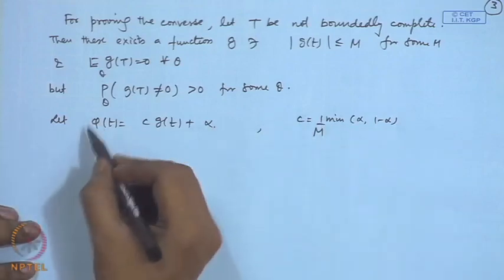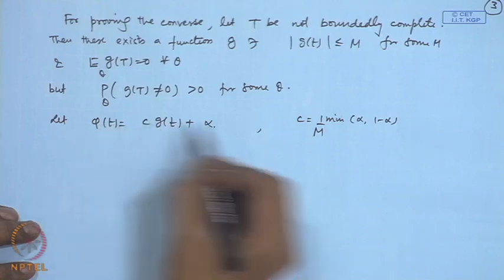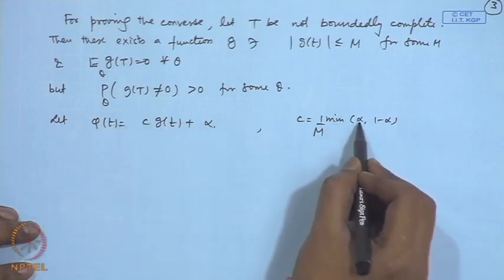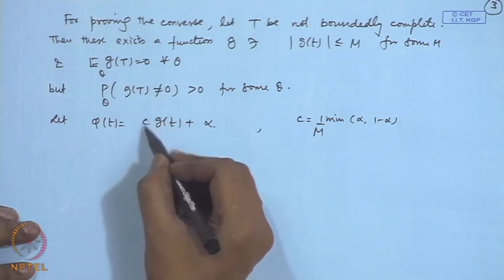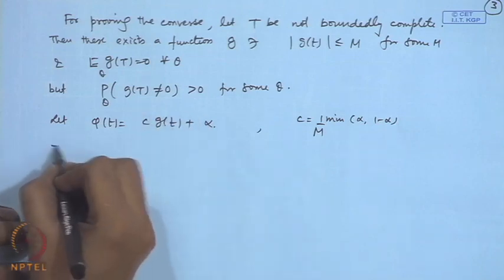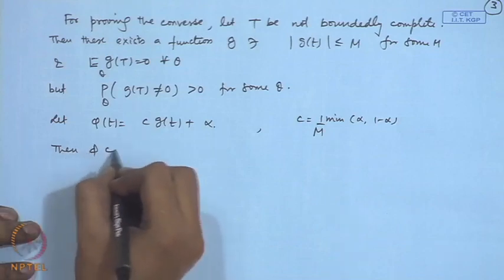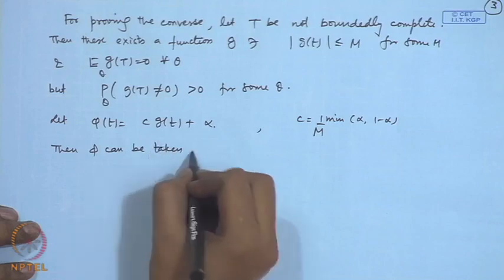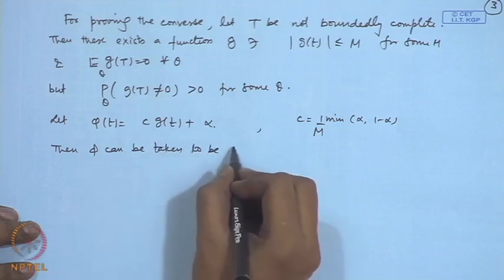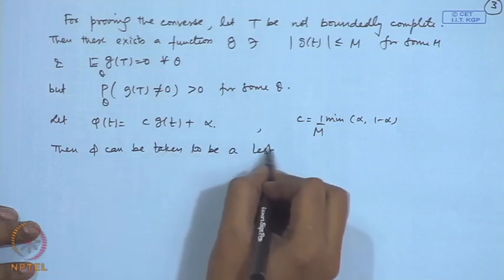Then what can we say about φ? See, c is the minimum of α and 1 minus α divided by M, and g(t) is bounded by M. So, this φ(t) becomes a test function. Then φ(t) can be taken to be a test function.